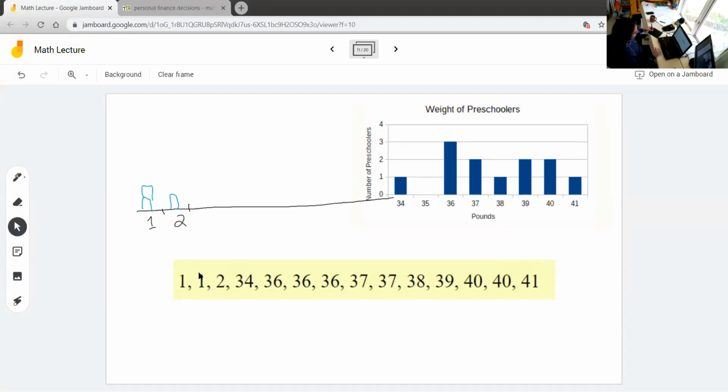So 1 first, another 1, a 2, and then the 34, and then the 36s, and so on. So I take my sorted list, and then we go into the middle. And we say 1, 2, 3, 4, 1, 2, 3, 4. Let's keep going. Another 2. Okay, so these 2 are our middle values. Since we didn't have a single one in the middle, then we have to average them. So 36 plus 37, then divide by 2, and we'll get 36.5.